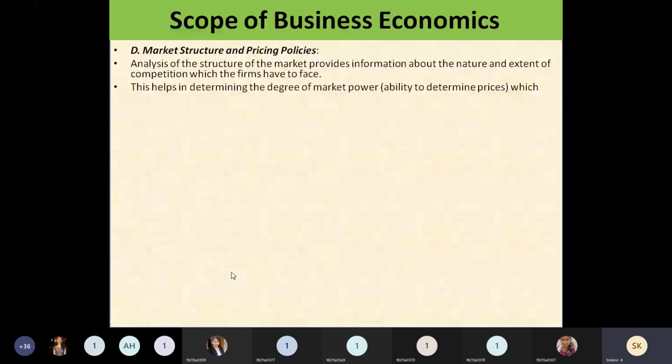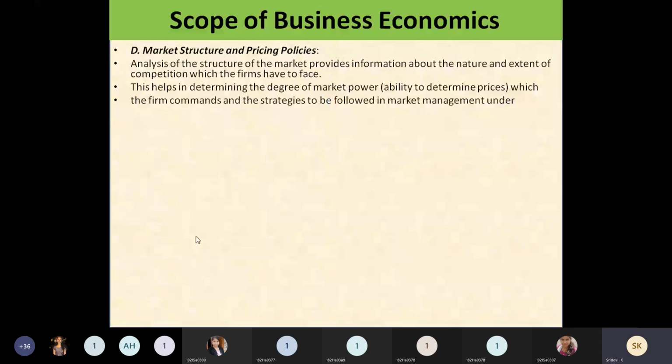If you identify the type of market that your product is entering, you can be aware of to what extent you can determine your prices. That means the type of market will affect the price of the product.